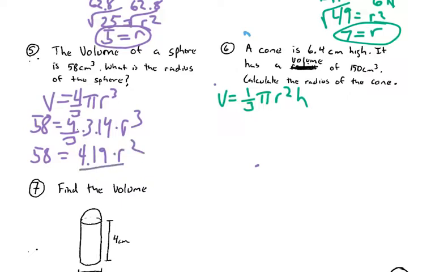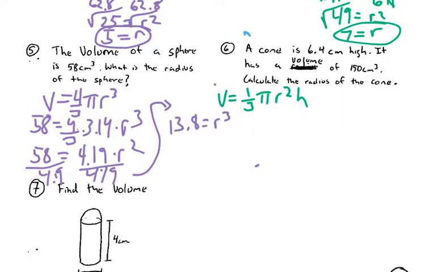So divide both sides by 4.19. Remember, we're solving for r. And 58 divided by 4.19 is 13.8 equals r cubed.